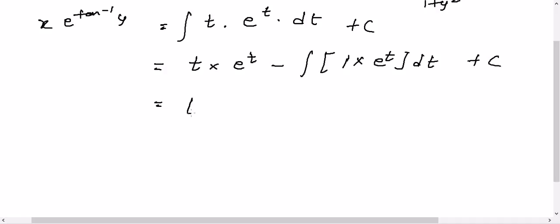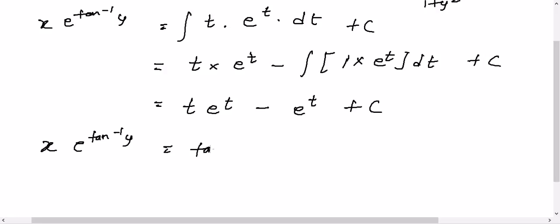So now it is t e to the t minus the integral of e to the t, which is, guys, e to the t itself, right? So this is what we have. So now let's substitute the value of t, guys, as we have integrated it. So t is what? Tan inverse y, right? So e to the power tan inverse y into tan inverse y minus e to the power tan inverse y, plus c.